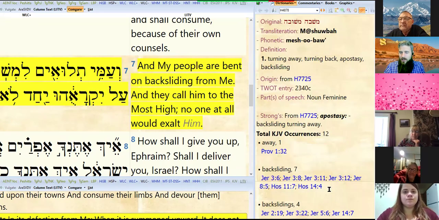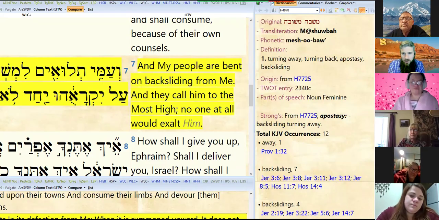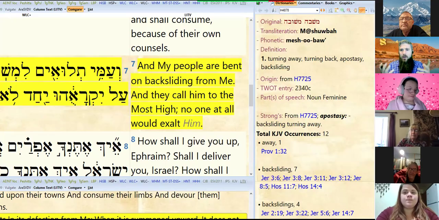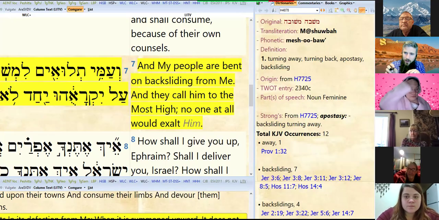Again, whenever there's a mem at the front and a hey at the end, I think location. So it's the place where someone is turning back. Now, here it appears to be in a negative connotation, backsliding, or the state of apostasy, because it's a noun.